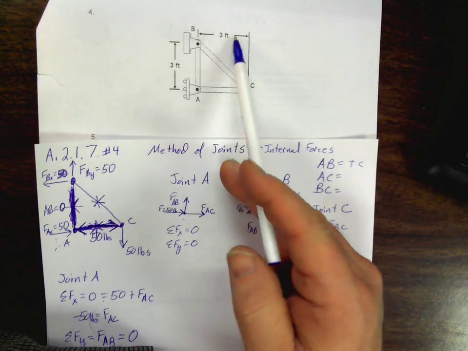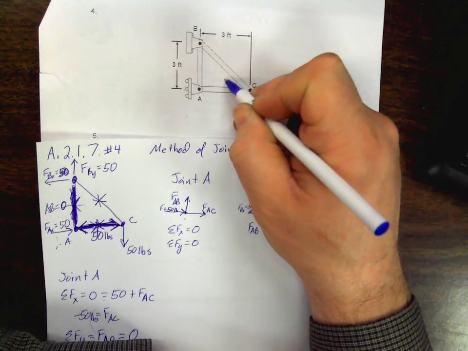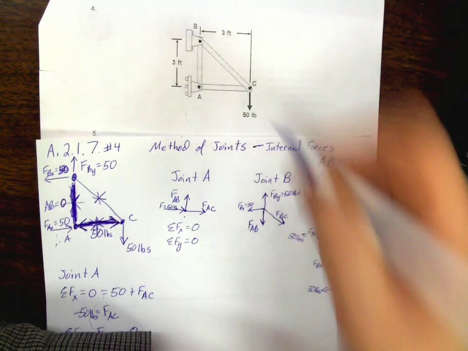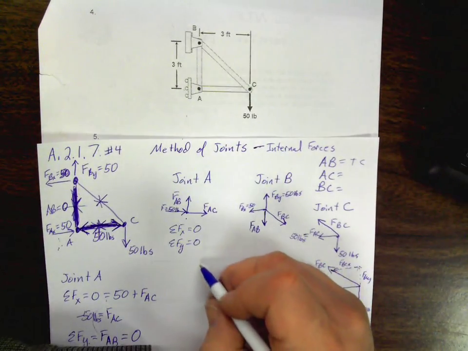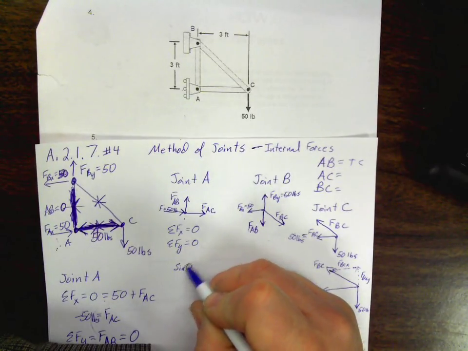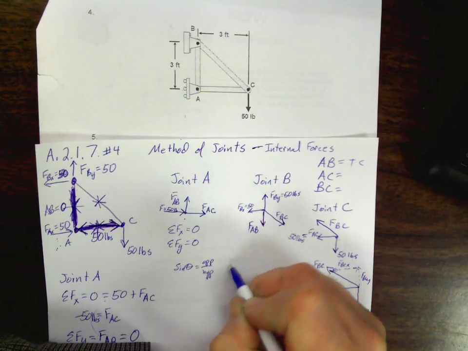Make sure when you're using your calculator that it is in degree mode and not in radians. So I'm going to use F of BCY and F of BCX to help me determine what my real value here is of force BC. But let's go ahead and start this out. So sum of the forces in the X. What do we have?